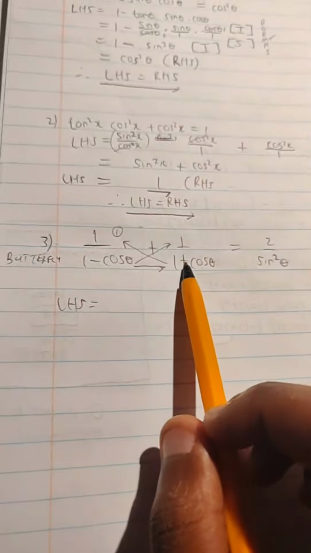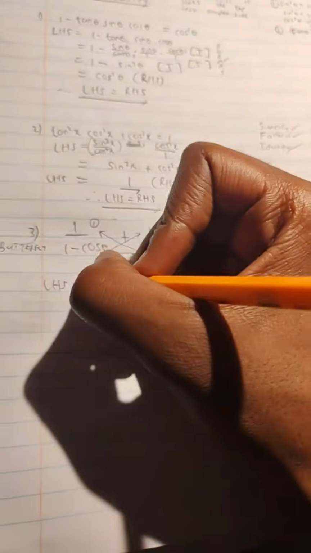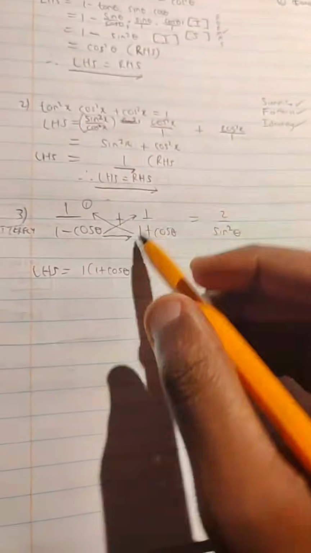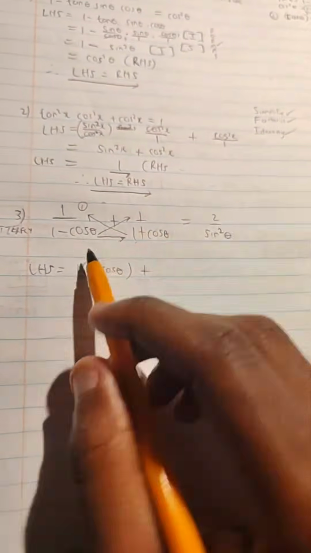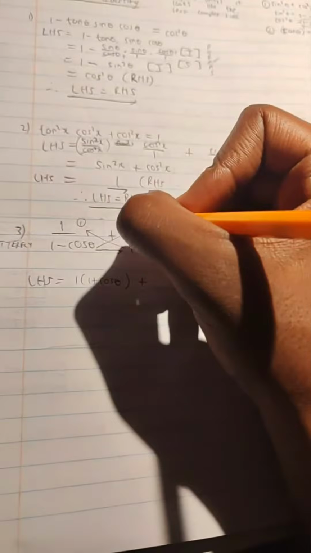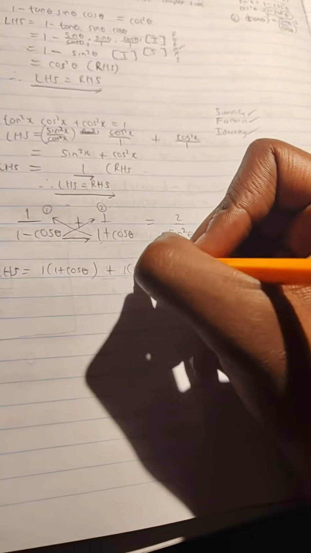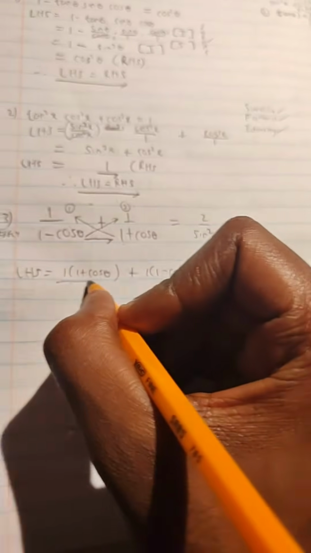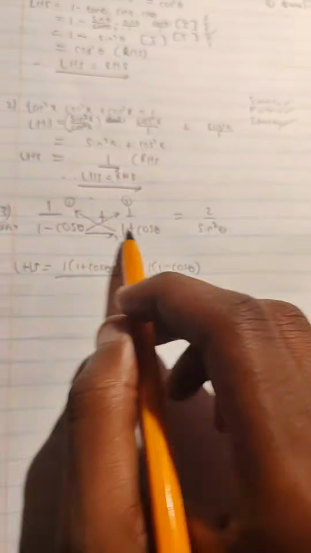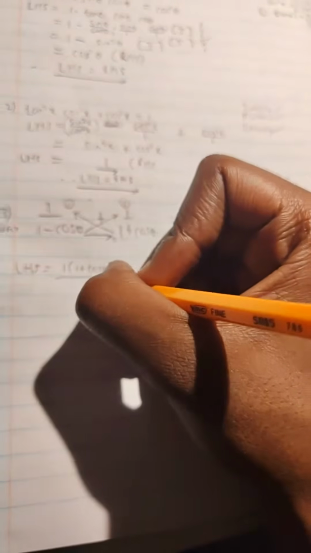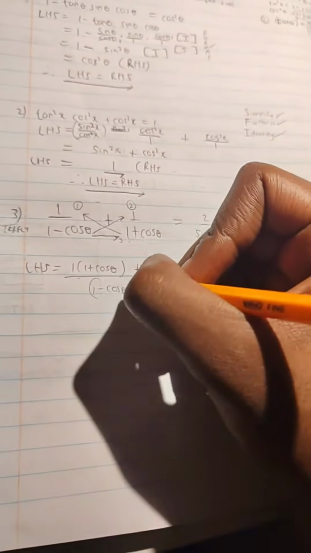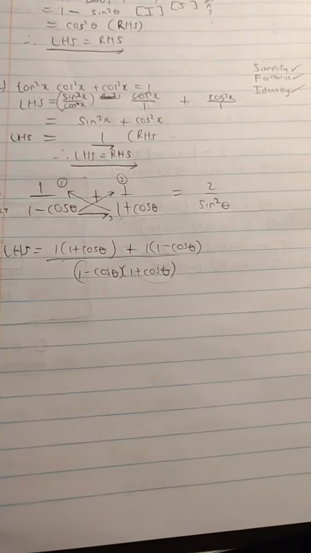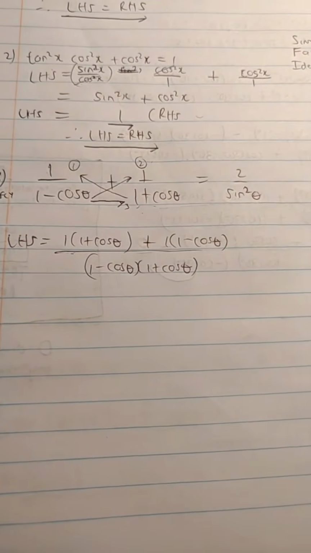Step 1, take 1, you multiply by 1 plus cos theta. So it's 1 into 1 plus cos theta. Please, guys, binomial in brackets. Plus 2, 1, you multiply by 1 minus cos theta. Step 3, you multiply these two denominators. Okay, makes life easy, man, when you have two fractions which you are adding or subtracting.